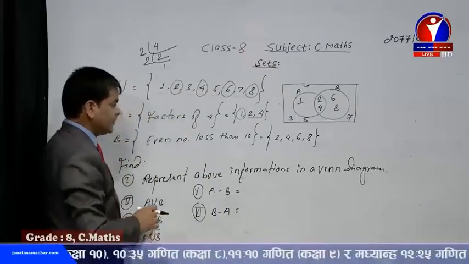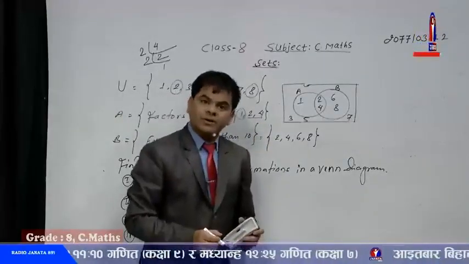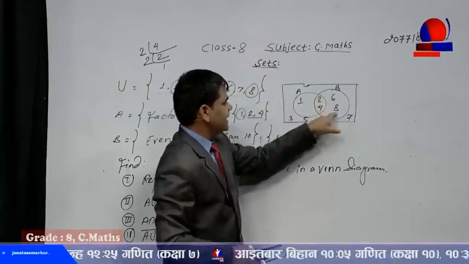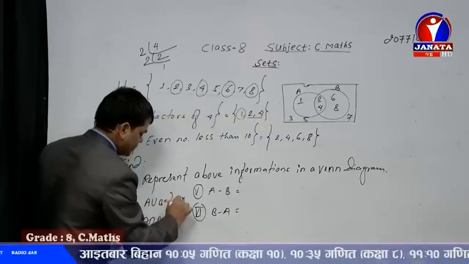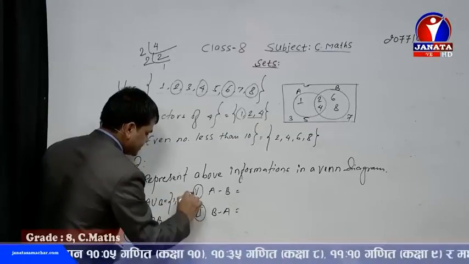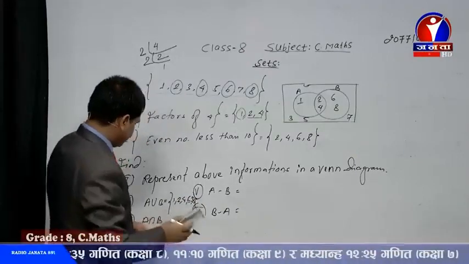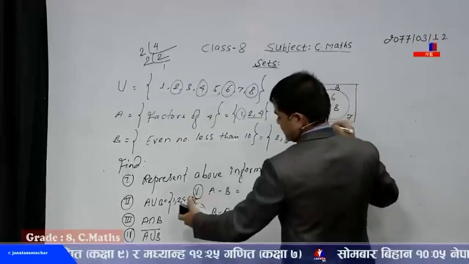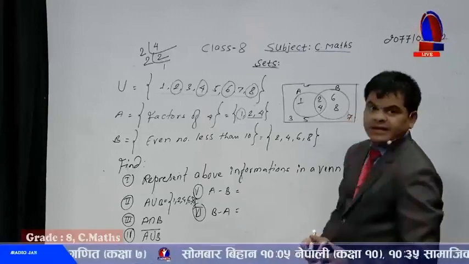That's why A union B refers to the elements contained in both circles, but without repeating: 1, 2, 4, 6, 8. So the answer of A union B will be 1, 2, 4, 6, and 8. In this way you can copy. Now similarly, I'm going to write another one on this side, dear students, so that it will be easier for you to understand. Number 3, A intersection B.